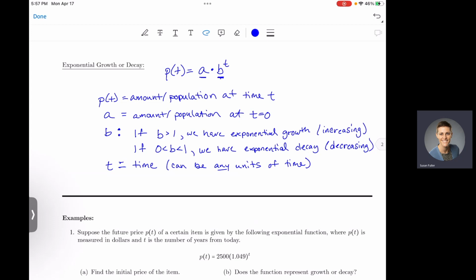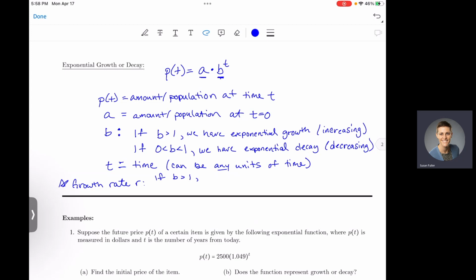But one more thing to mention here is the growth rate R. This is a percentage that tells you how fast your population or your amount is increasing or decreasing. So if B is greater than 1, then our population is growing.